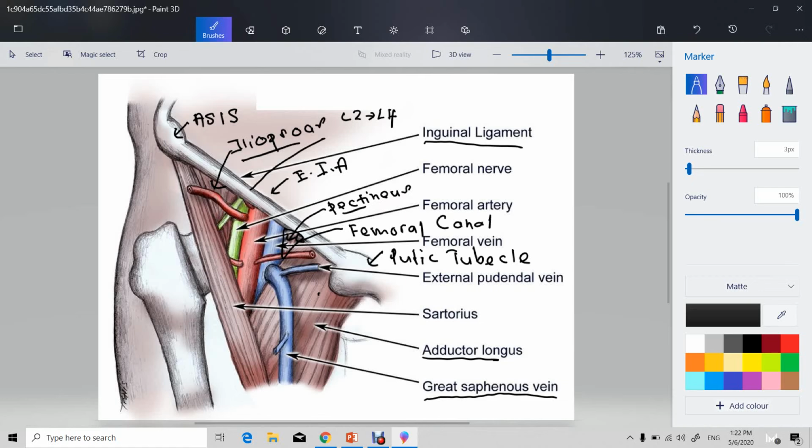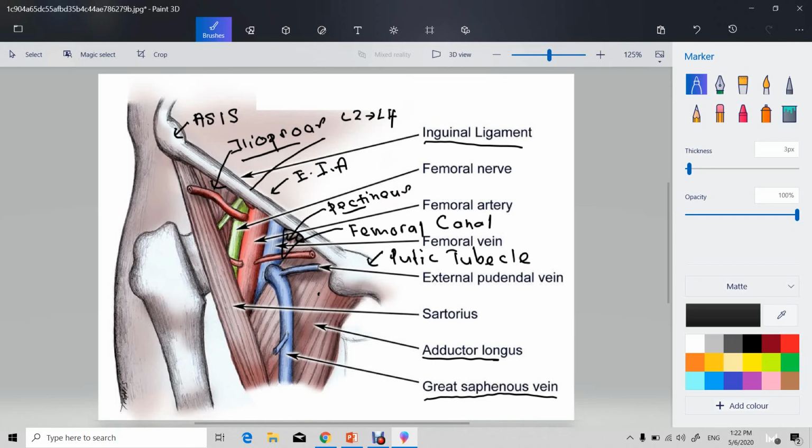Inside the femoral canal there is also a group of lymph nodes known as deep inguinal lymph nodes. And third, the femoral canal is a potential area for femoral hernia.